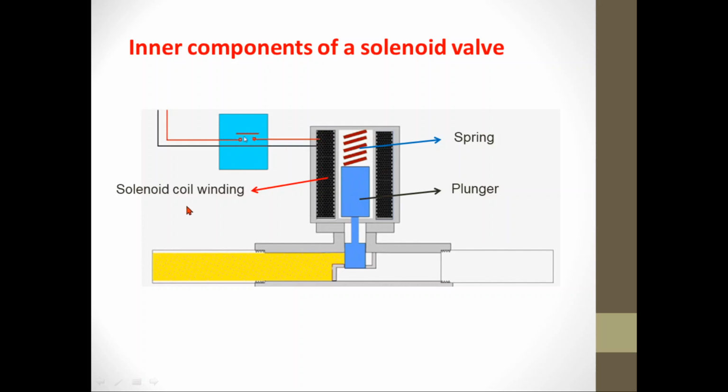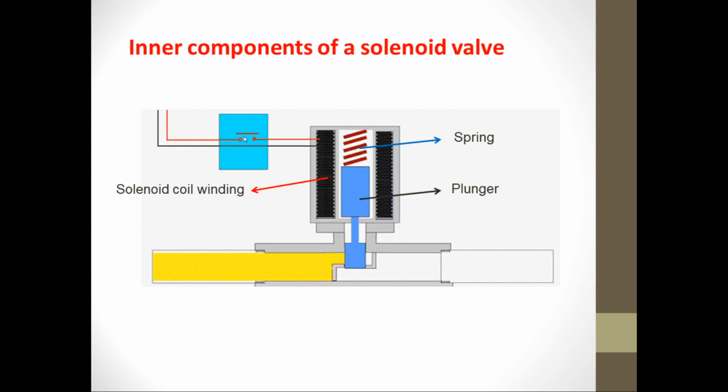When we say coil, we are referring to a wire or wires that are being wound. Then you have the spring and the plunger, all of which can be found inside the solenoid valve.